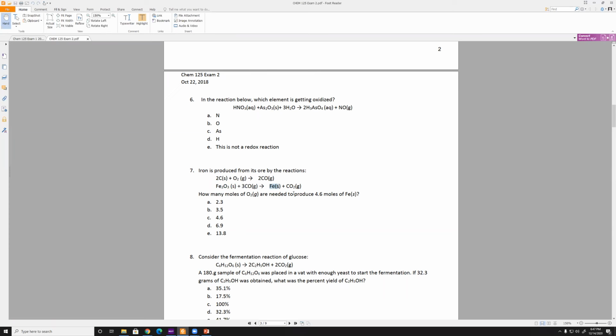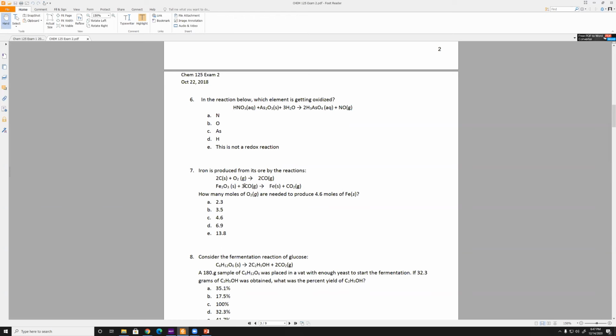So we got to backtrack. The best way to do this is to do it backwards. So 4.6 moles of Fe. We know that 1 mole is produced from 3 moles of CO. That means to get from the Fe to the CO, 1 mole here, 3 moles here, the best thing is to multiply it by 3.